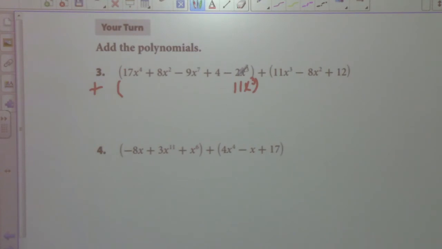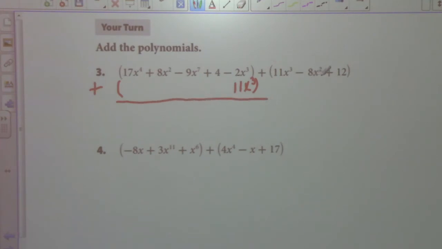Okay, so it's like we're making up columns of like terms. Do you always have to do that to understand how to add and subtract polynomials? No, you may not necessarily have to do this, but it sort of depends on how much space you have, how familiar you are with it.